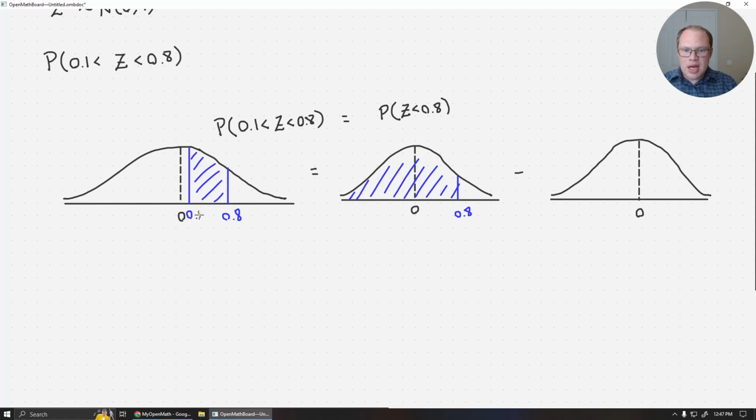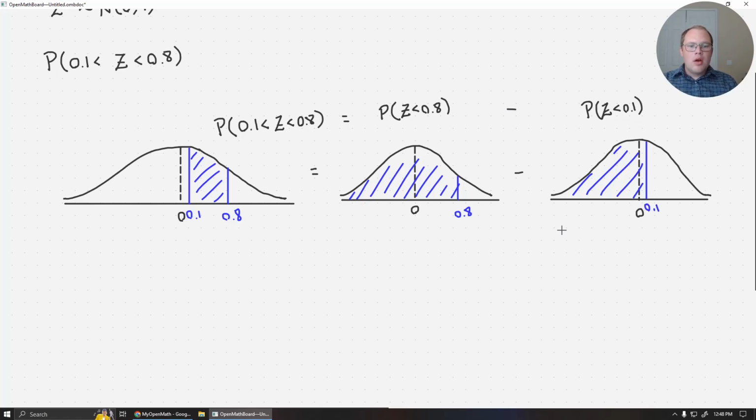In this case, anything to the left of 0.1, that's what I don't want. So that's what I'm going to take away. Looks a little better. And so that would be the probability that z is less than 0.1.